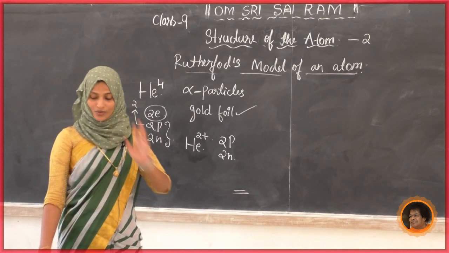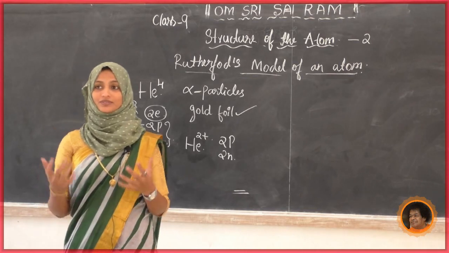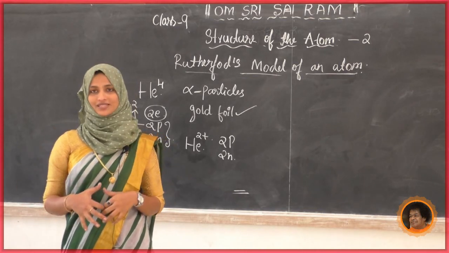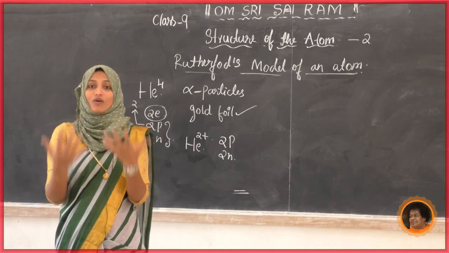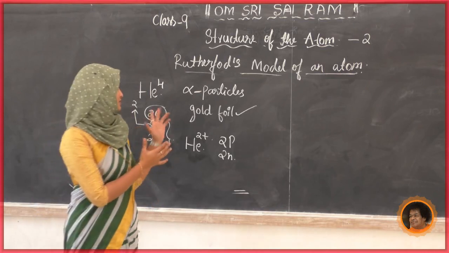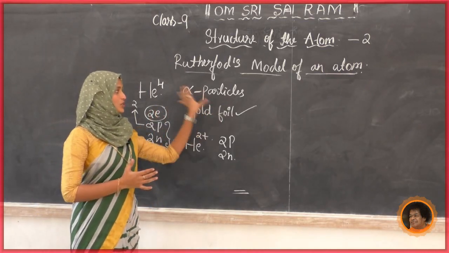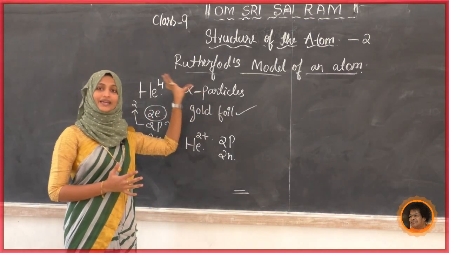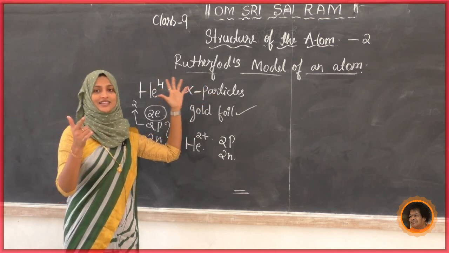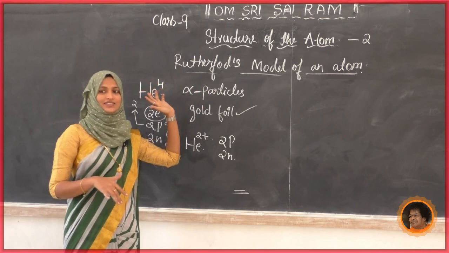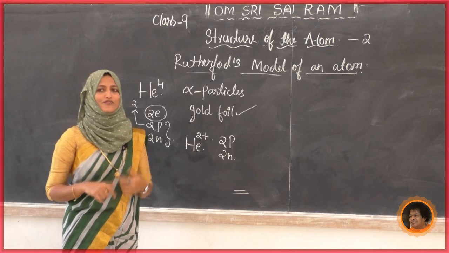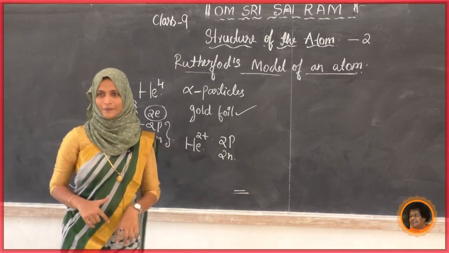Now we will see what he is going to expect from this. What is he thinking and what result does he get? He chose alpha particles, and he needs a source for them, like a gun, an alpha gun that emits alpha particles onto the gold foil.